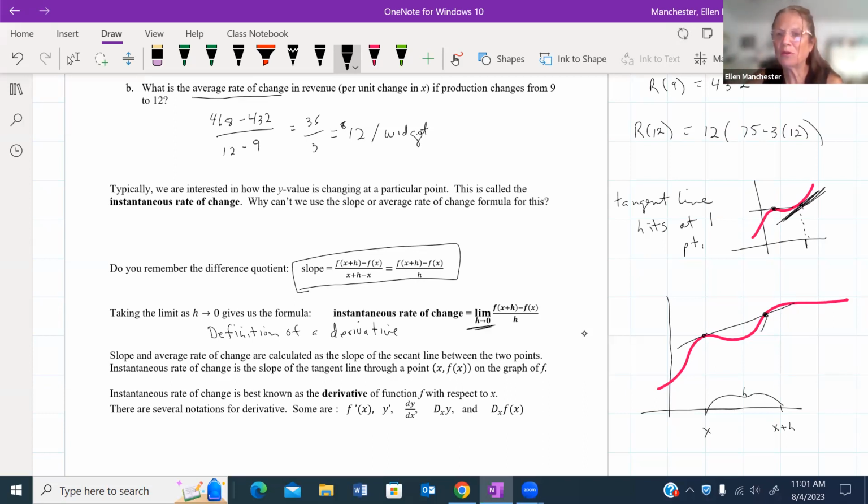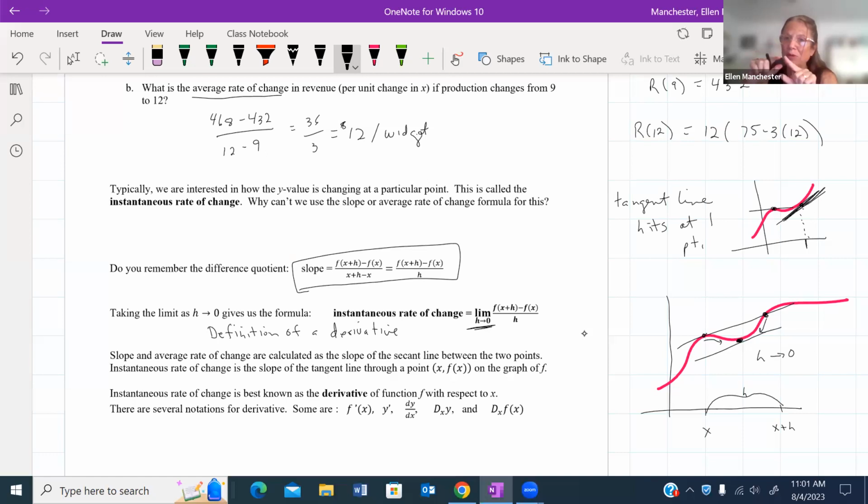So this point is moving this way, this point is moving this way.